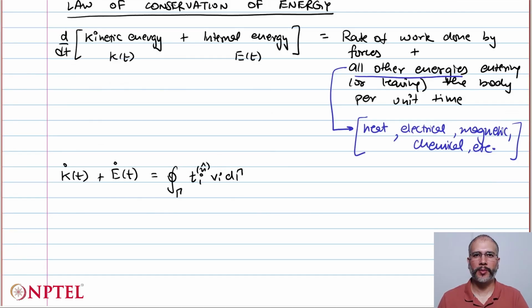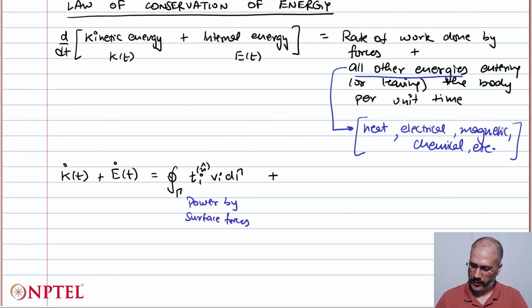So the rate of work done by a force is F dot V, force dotted with the velocity. So this is d_i v_i d gamma. So this can also be called the rate of work or the power delivered by the surface forces.